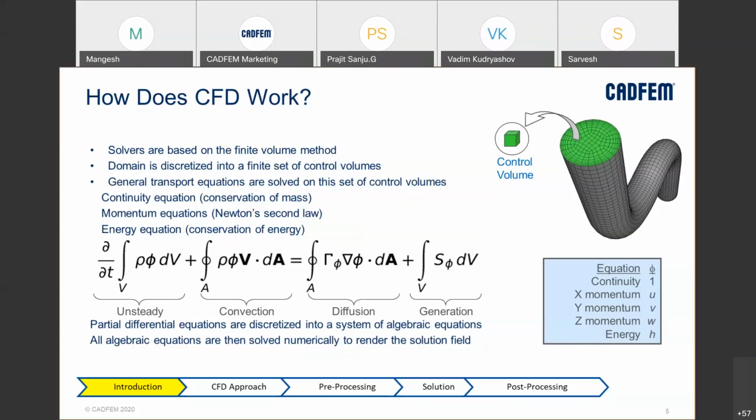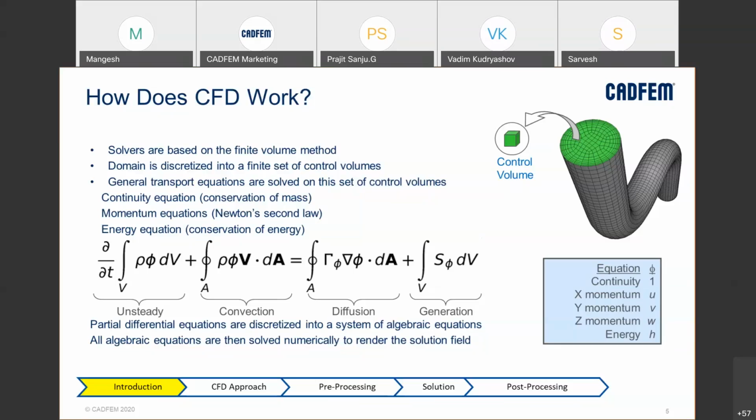So those conservation equations are solved for such control volumes, and that's how the overall flow field behavior, the heat transfer, mass transfer behavior of the system is evaluated.